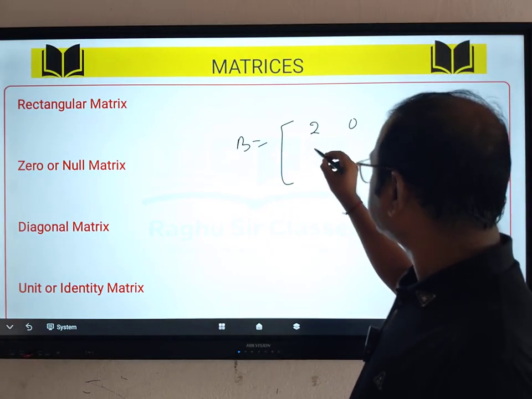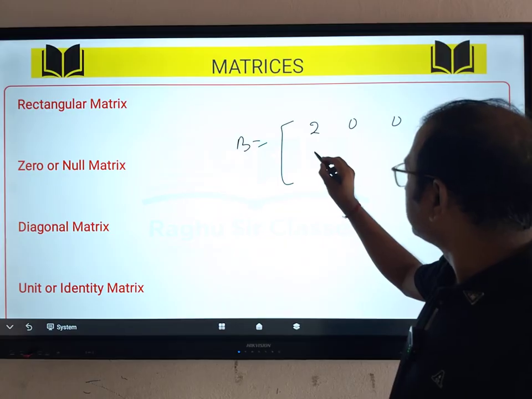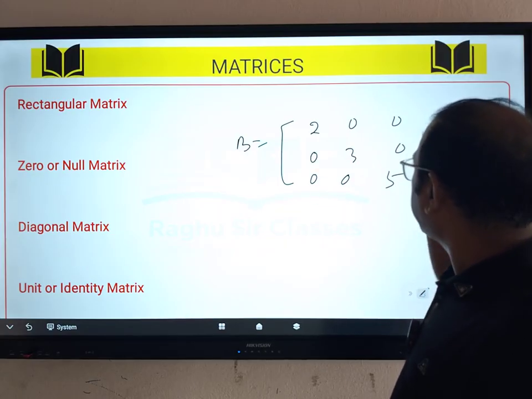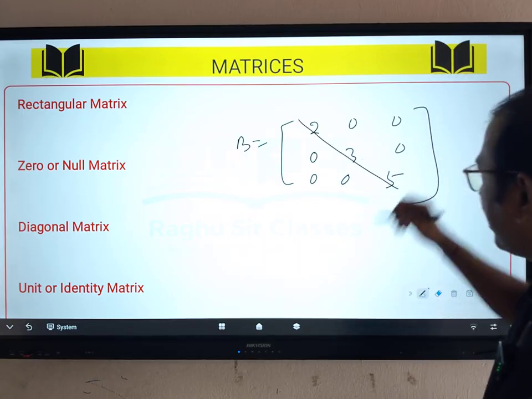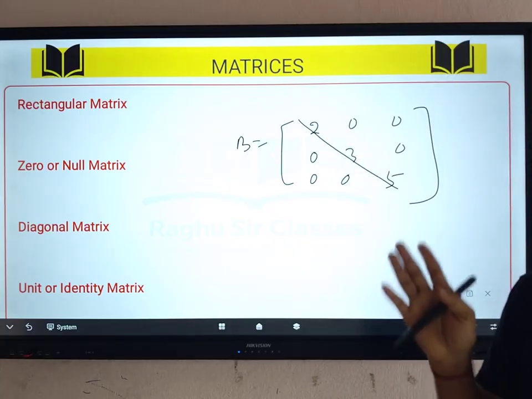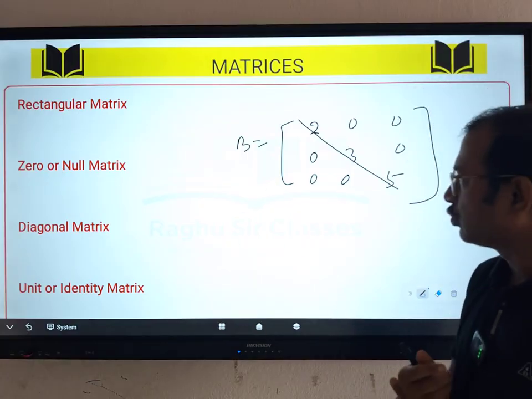It is a square matrix. A diagonal matrix is a square matrix in which, except the leading diagonal, the other entries are 0. This is called the leading diagonal. Except the leading diagonal, the other elements are zeros. It is called what? Diagonal matrix.